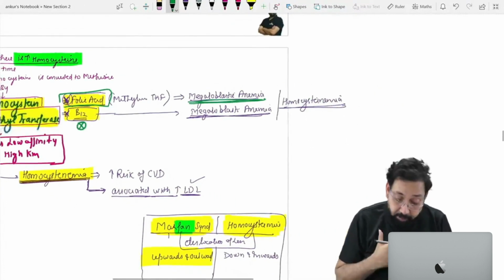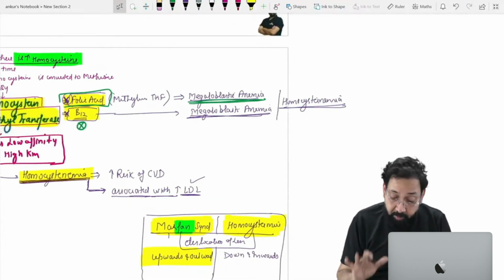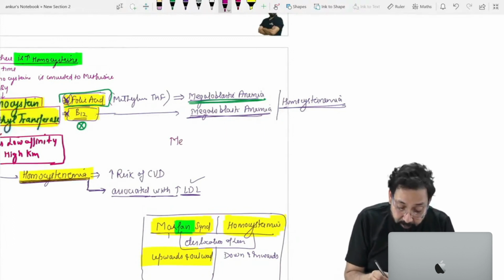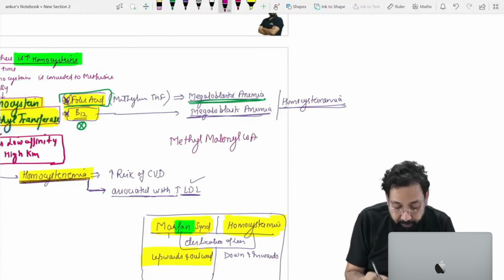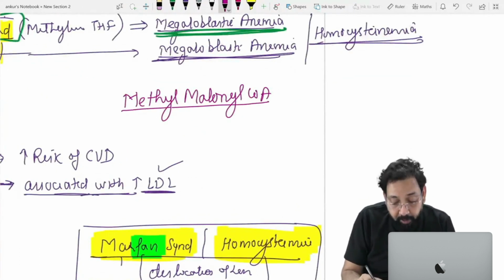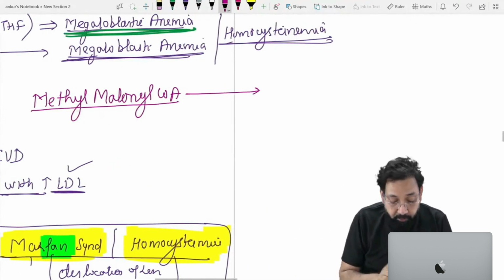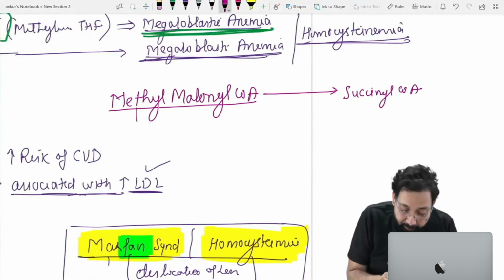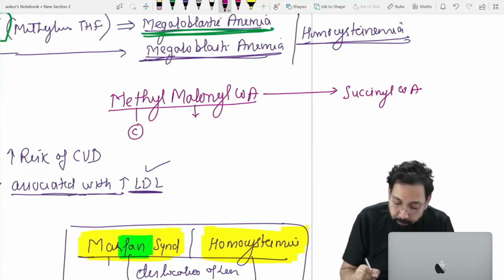Suppose a patient came to me having megaloblastic anemia and homocysteinemia. I will check methylmalonyl coenzyme A. We know that methylmalonyl coenzyme A in our body is converted to succinyl coenzyme A. If I ask you, methyl has one carbon, malonyl has how many carbons?